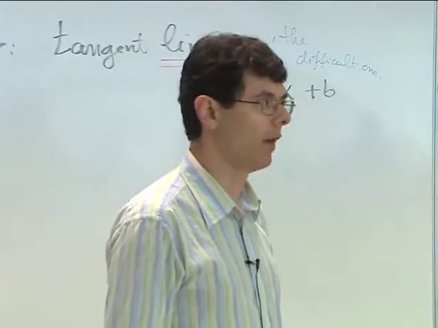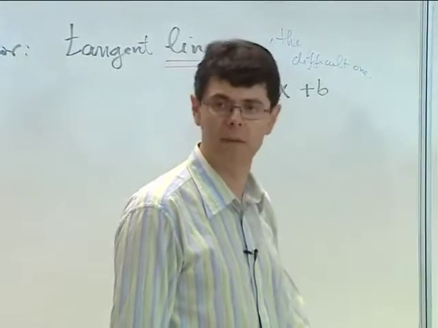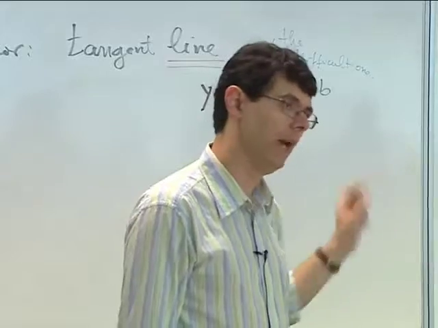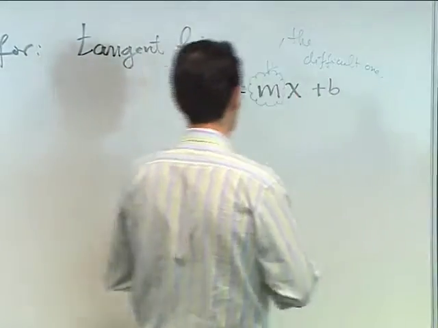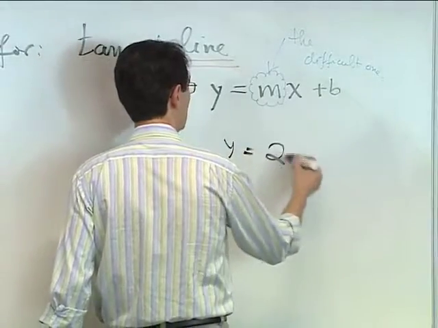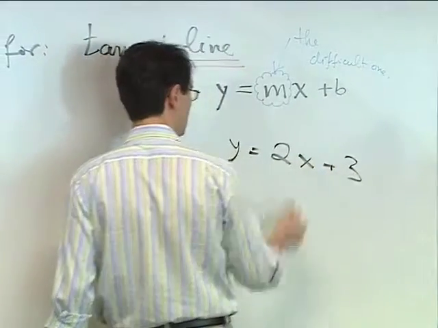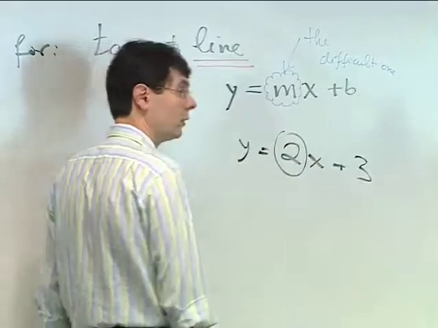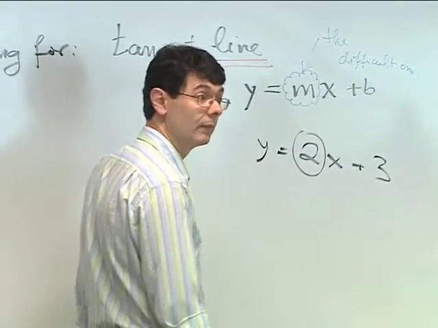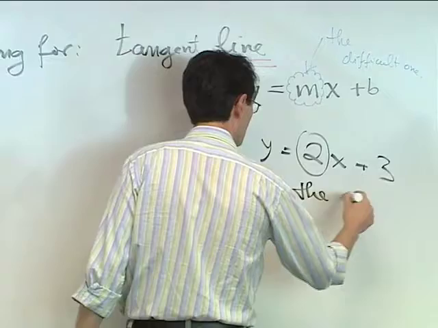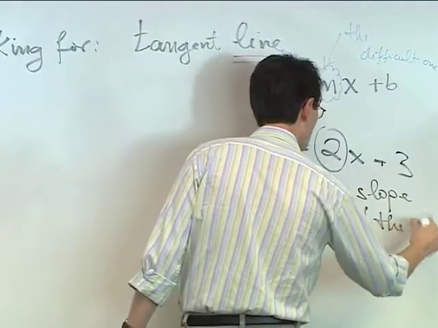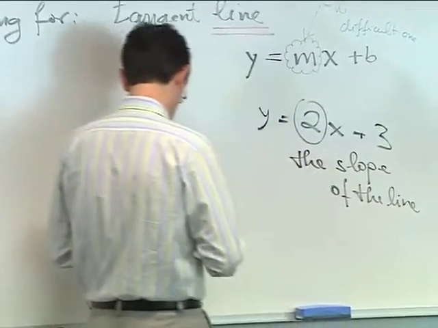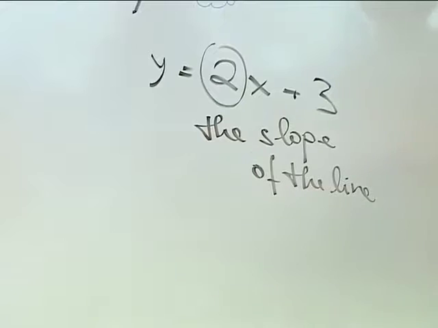So for all practical purposes, I'm going to forget about b. I'm going to concentrate on the m. The value m for any straight line is what we call the slope of a line. So let me spend 2 minutes talking about the slope for a straight line.